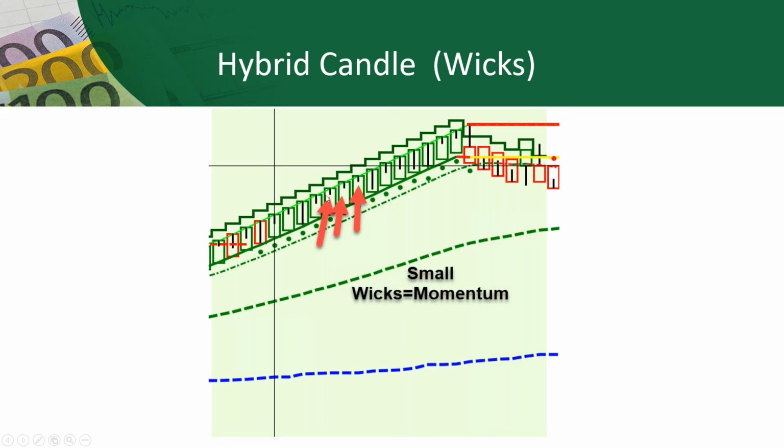When you have a wick that opens from the previous candle close, goes up the bar size, and then the next candle opens from the previous close, goes up the bar size, these are momentum wicks. When you have a long wick, this is a pullback wick, and we use these wicks to our advantage. I'll explain how in a little bit.